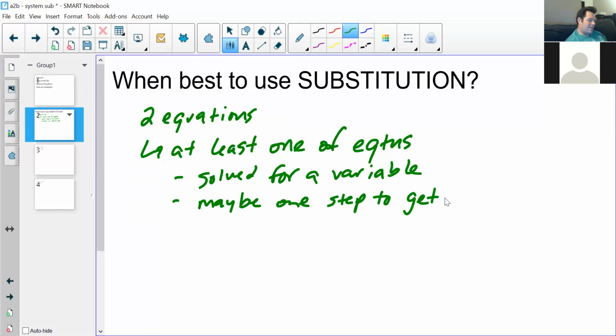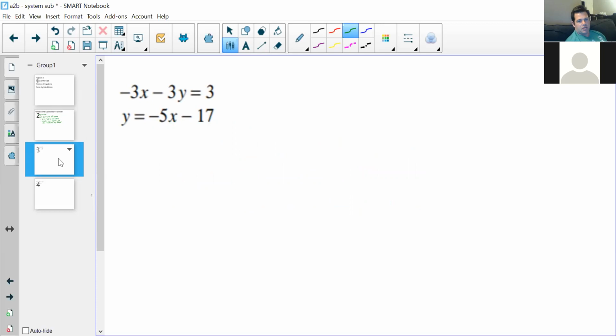However, it is definitely something to consider when these situations pop up, that we see one specific variable either already solved for or very easy to get by itself. So we're going to check out two examples here.